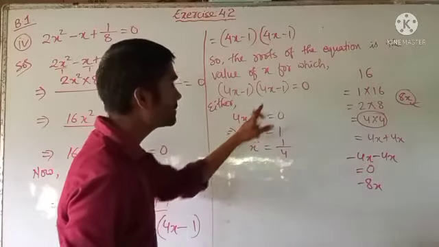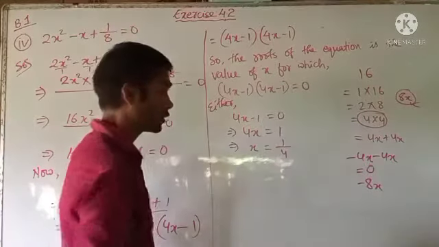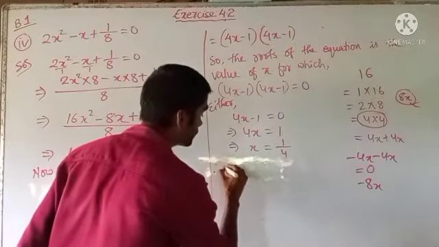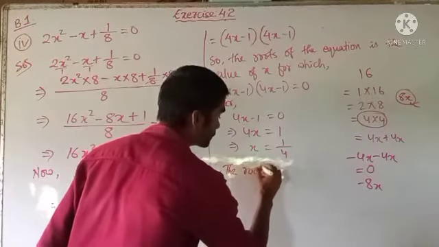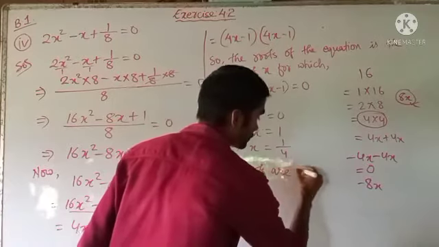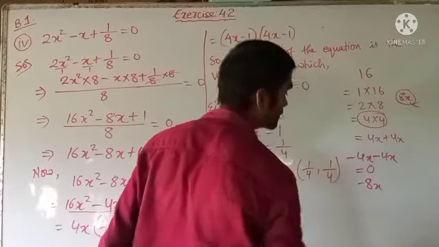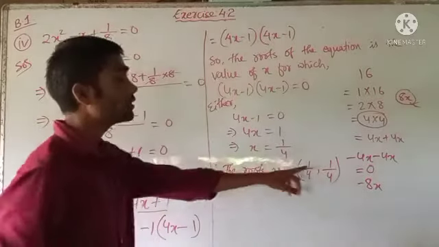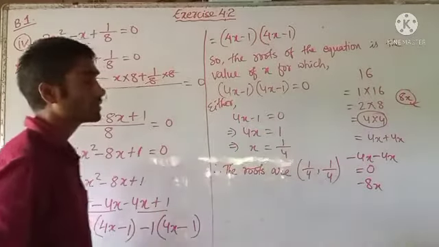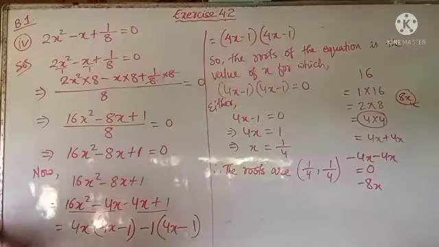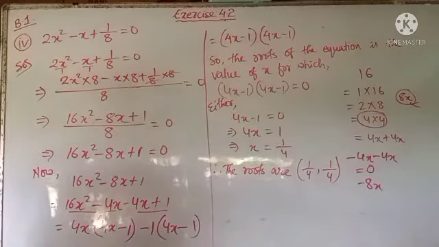Now if we do the same thing, we are going to get 1 by 4. So we can write here the answer, that is therefore the roots are 1 by 4 and again 1 by 4. We are going to get the same roots here, that is 1 by 4 in both the cases. So that is about how we are going to solve it by factorization method.